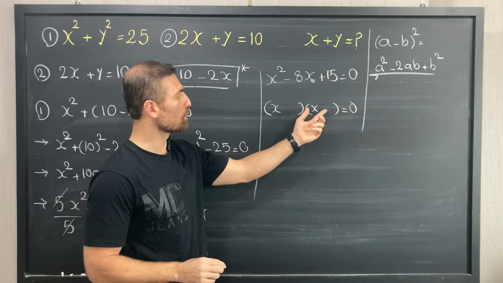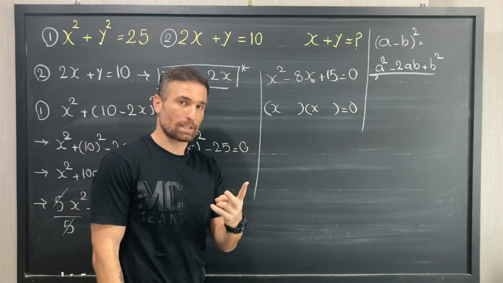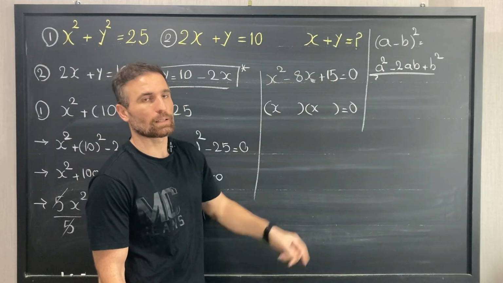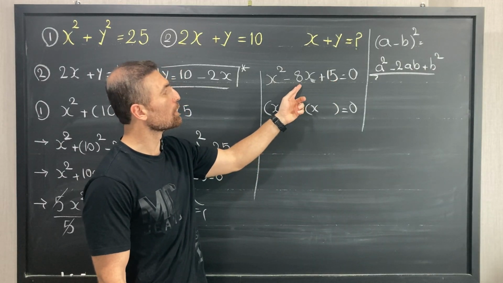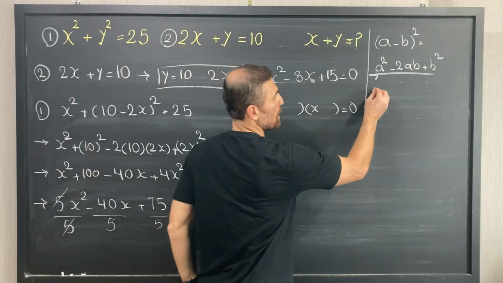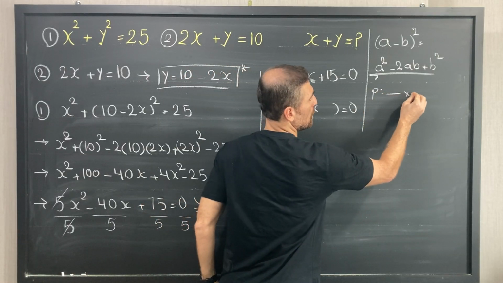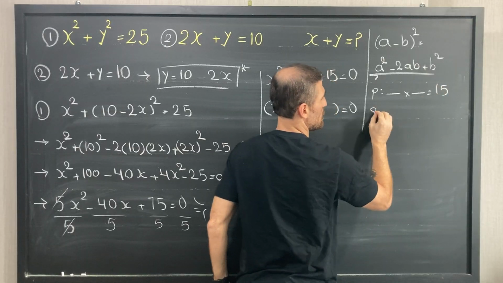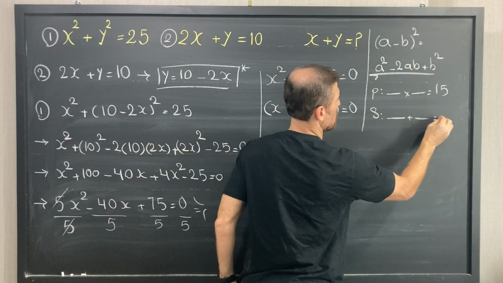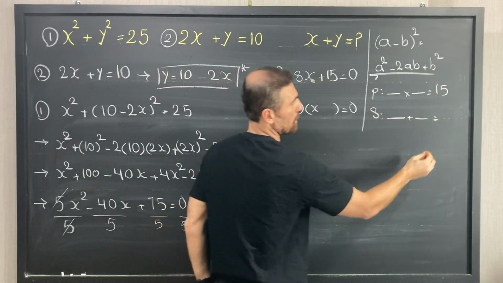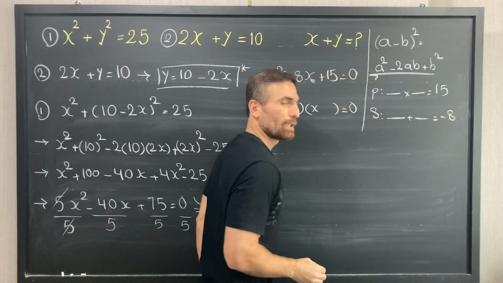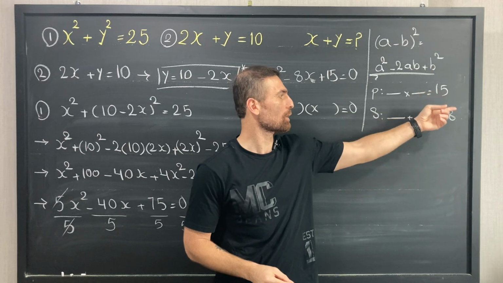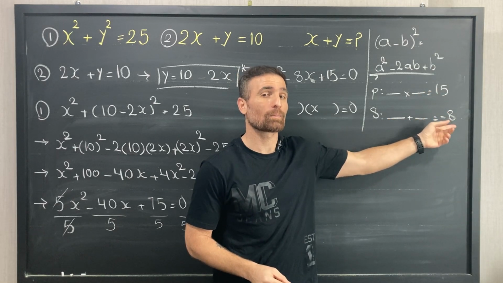To solve this, we need to find two numbers that the product is going to be this constant term and the sum is going to be the coefficient of x, which means the product of two numbers is 15. The sum of these two numbers is negative 8. So can you help me to find these two numbers?